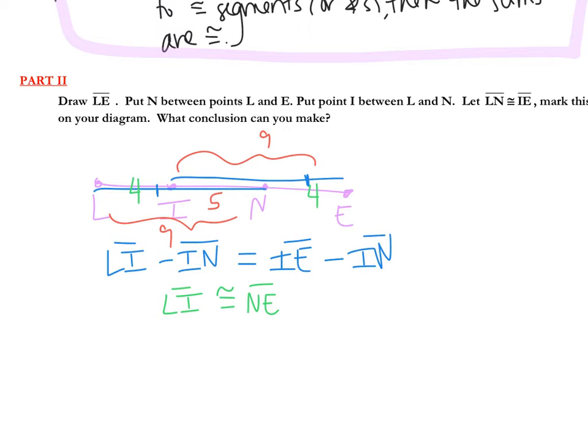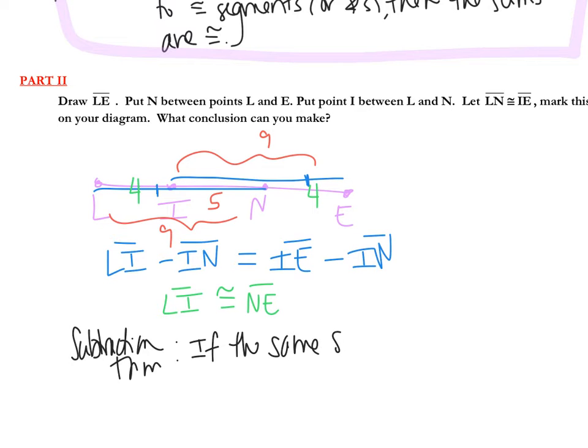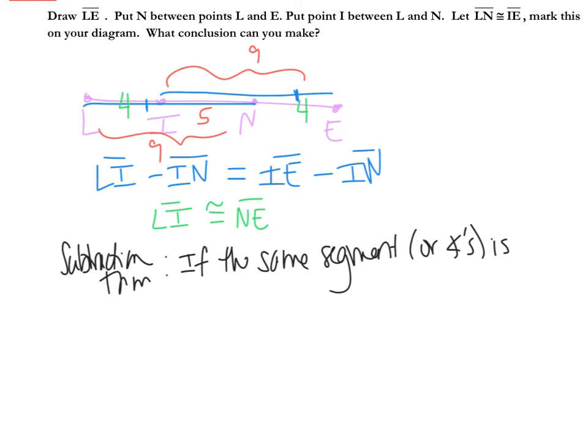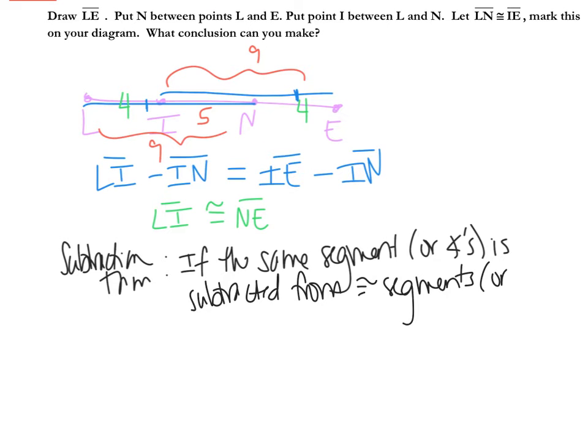So this time, this is going to be the subtraction theorem, which states that if the same segment or angles is subtracted from congruent segments or angles, then the differences are congruent.